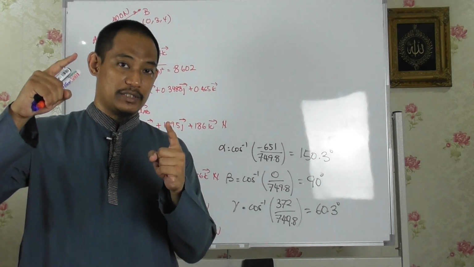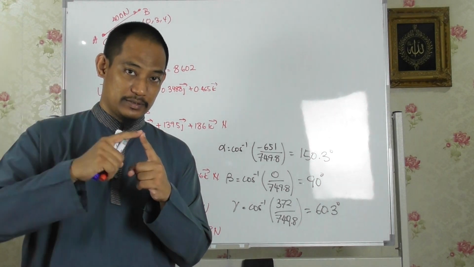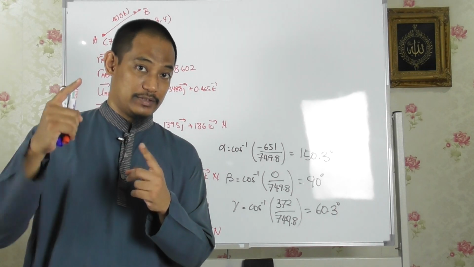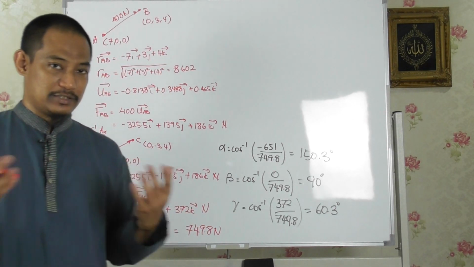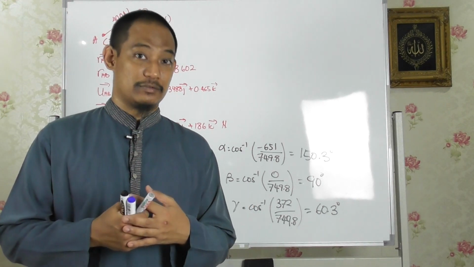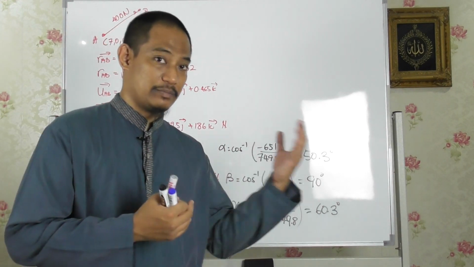When you have two coordinates, you can find the position vector, unit vector, as well as the force vector, and then of course addition of vectors for the resultant force, which we have already learned before.